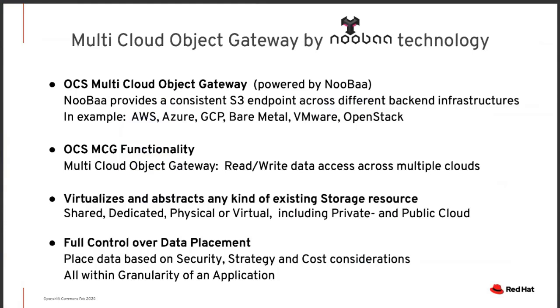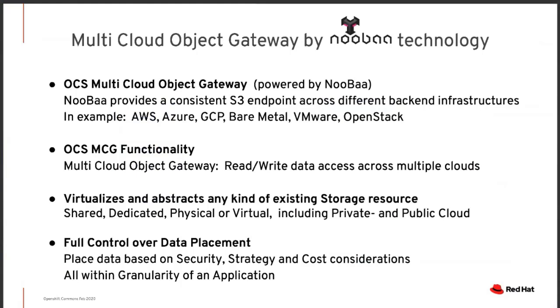And then on top of Noobaa, you have your S3 endpoint. So even if the backend is a NAS or a SAN, whatever, it abstracts and translates the functionality. And then there's also control over your data placement. So you can have policies inside Noobaa that actually place data based on security, strategy, cost considerations, and all per application.